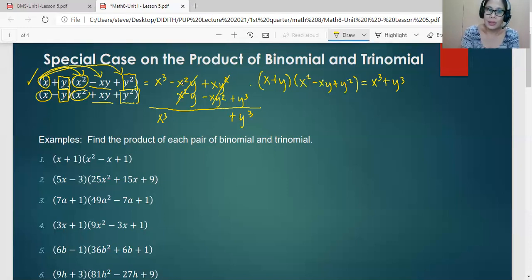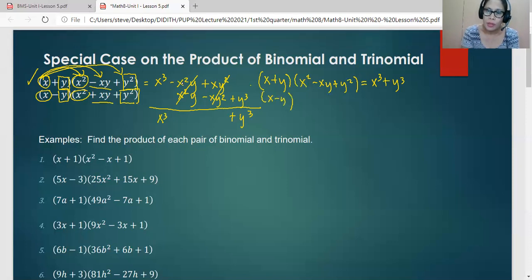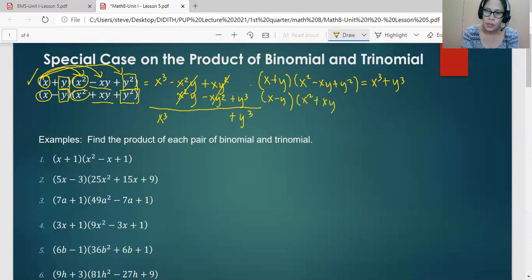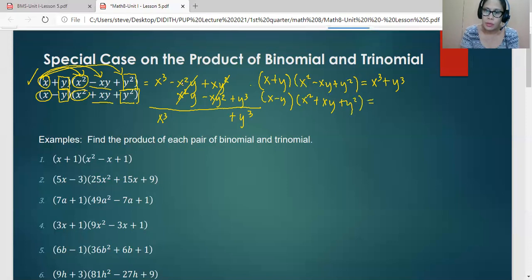Likewise, class, if this is x minus y, this will be x squared plus xy plus y squared. The product here is the cube of the first term of the binomial factor minus the cube of the second term of the binomial factor.